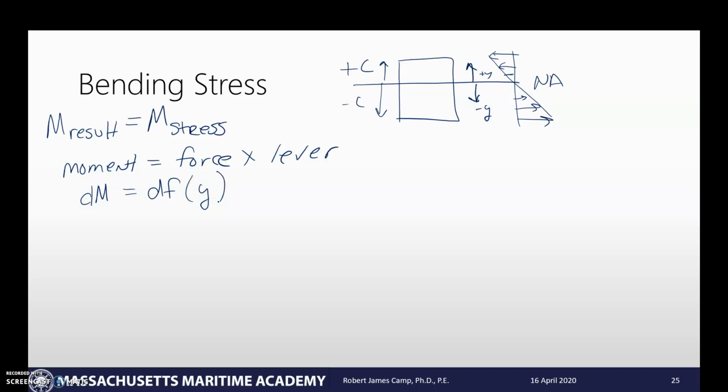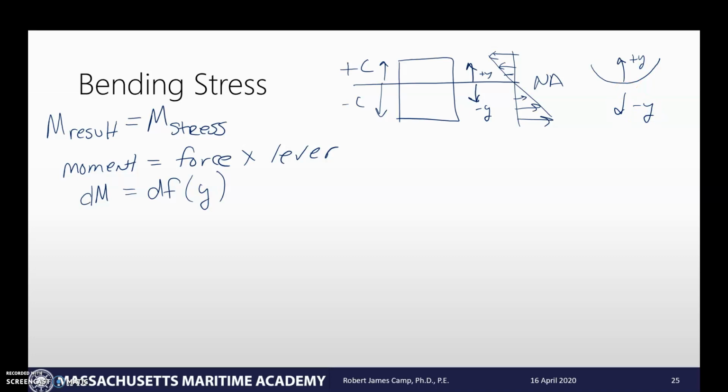Now, just something for naming conventions. On the side that is going to be compressive, so in this case we're bending up, positive y would be the y direction that's going to shorten the distance, where negative y is going in the other direction.